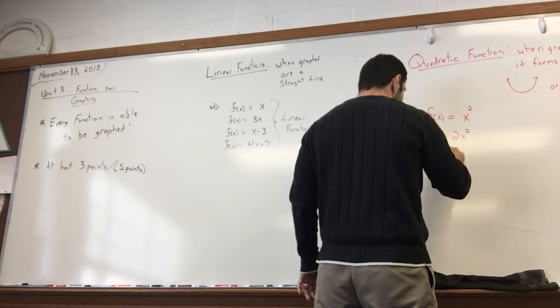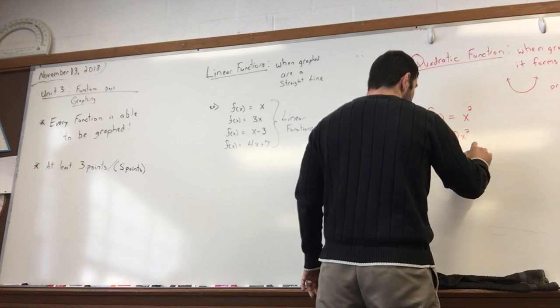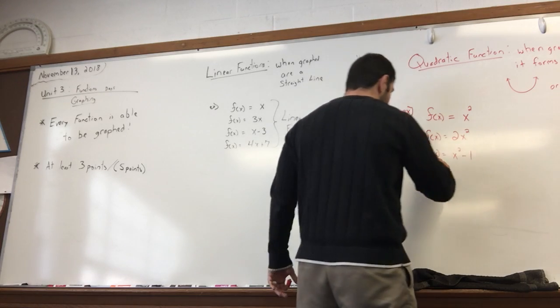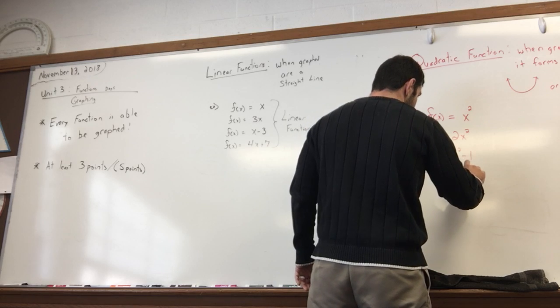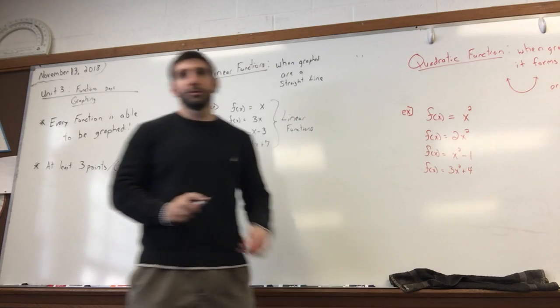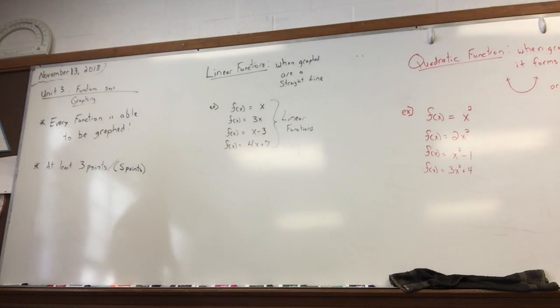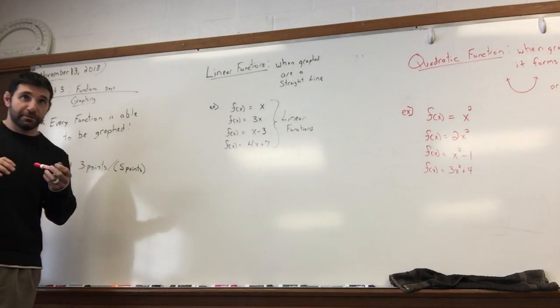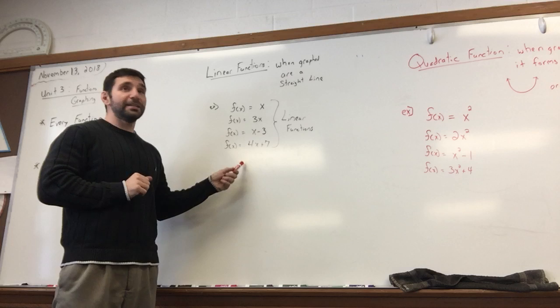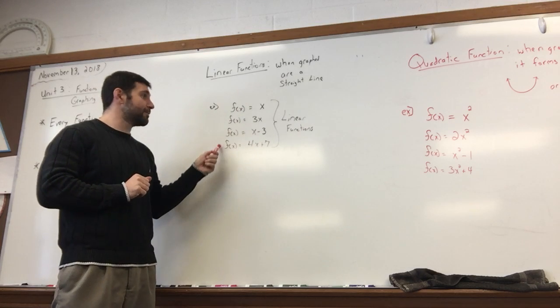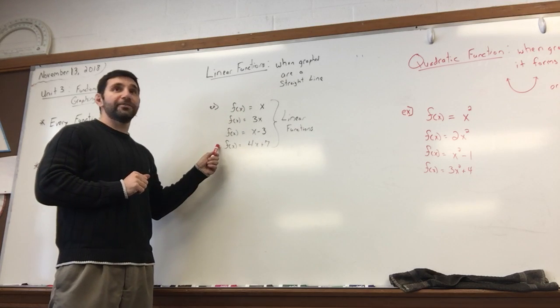F of x equals x squared minus 1. F of x equals 3x squared plus 4. Those are all quadratic functions. Immediately looking at the function, you need to say, okay, if I'm graphing any of these four functions, my graph needs to be what?